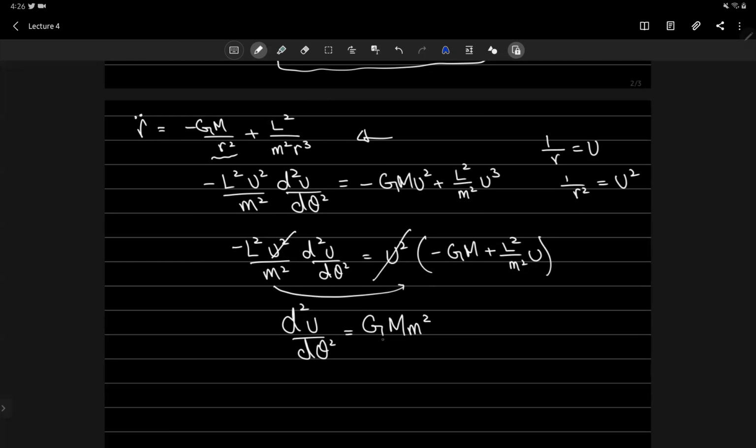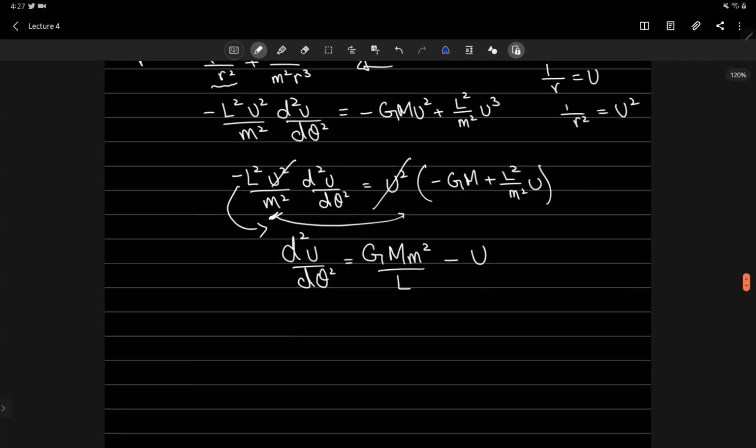Let's also bring this L over there, so I would have over L minus L squared over, well, this would go away, and even m squared would go away because I'm bringing this m over there. So what will I be left with? I would just be left with u.